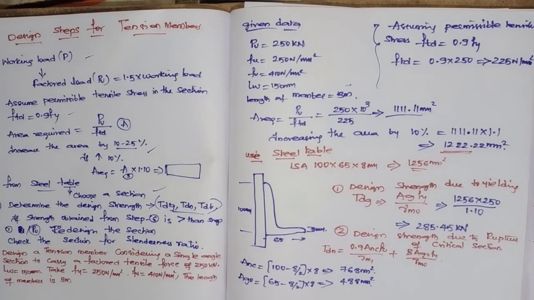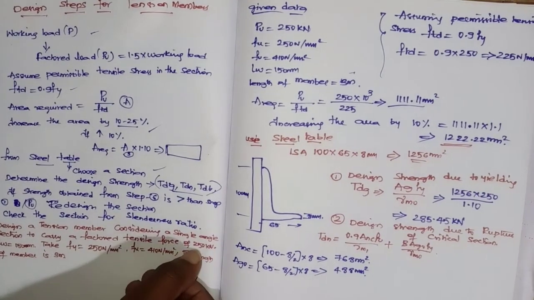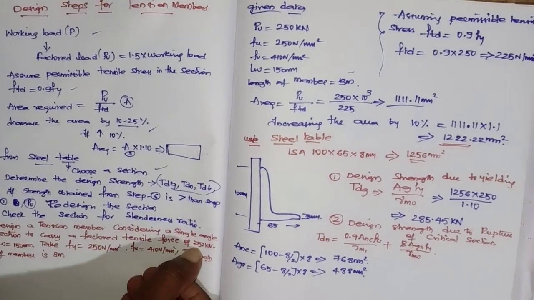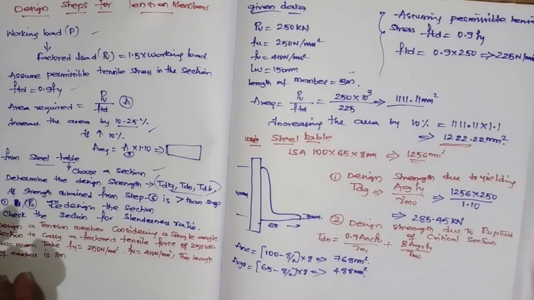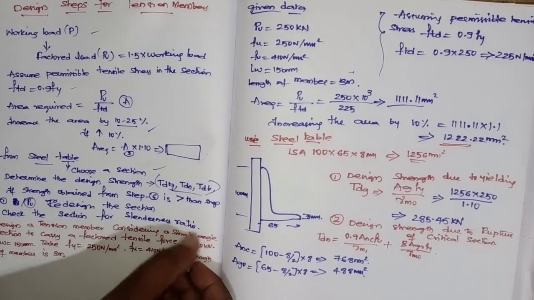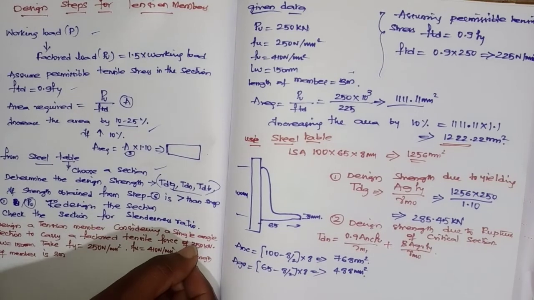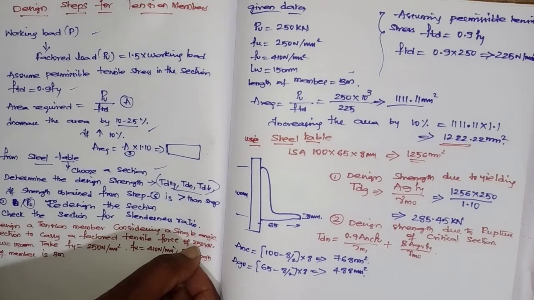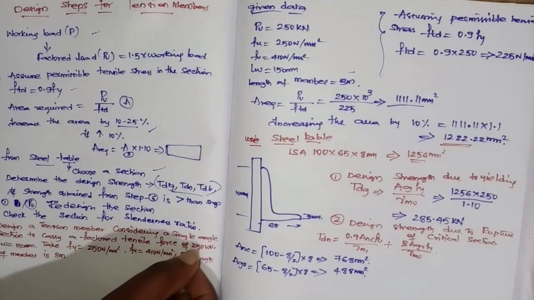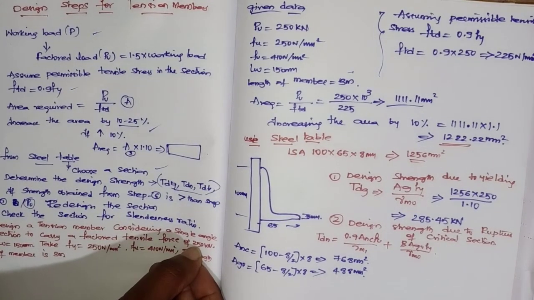Got my point? Suppose 250 kilonewtons is given, but you are asked to design for a double angle. For that, you have to divide by 2. So 250 by 2 is 125.